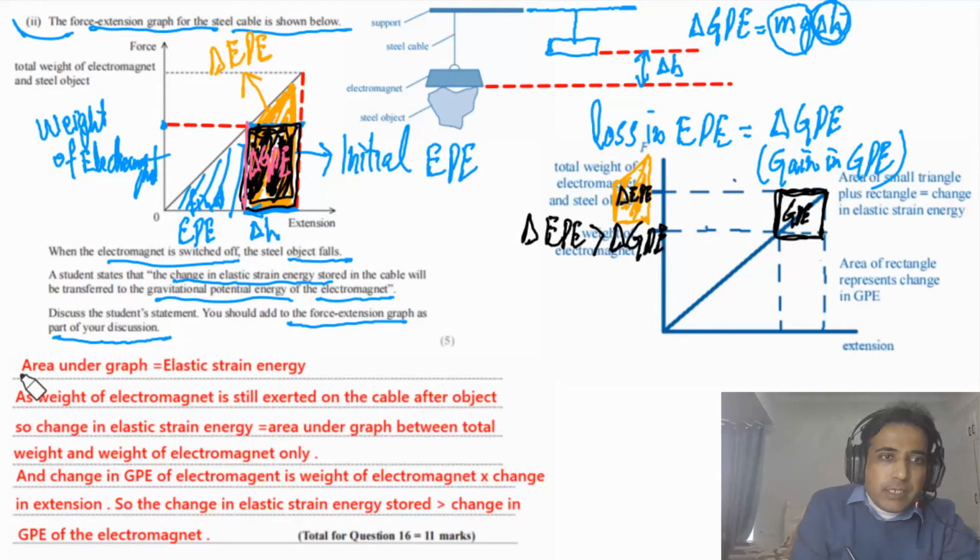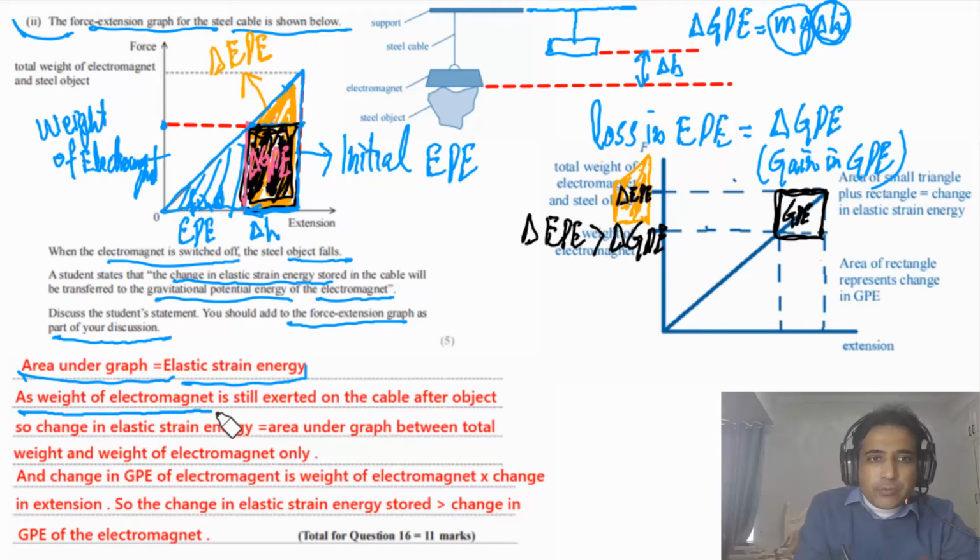You can simply say the area under the graph is the elastic strain energy. As we discussed, this total area is the initial elastic potential energy. As the weight of the electromagnet is still exerted on the cable after the object is removed, the change in elastic potential energy is equal to the area under the graph between the total weight and the weight of the electromagnet only.